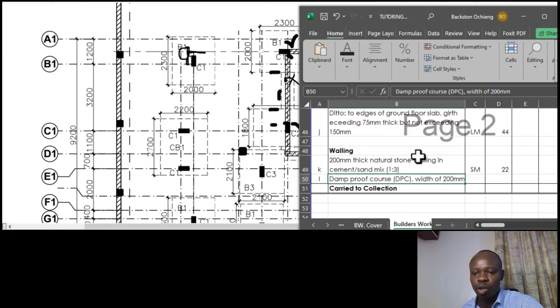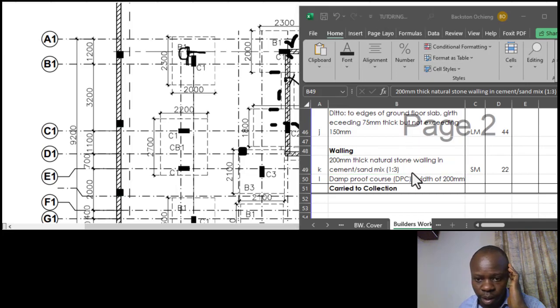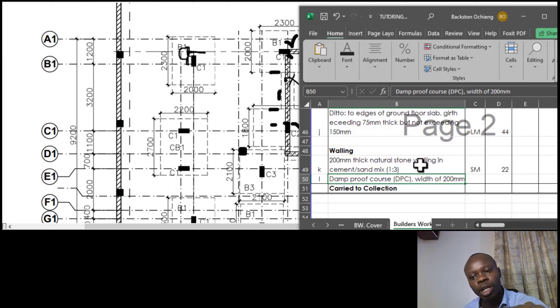So normally the DPC is laid on top of the foundation walls to prevent the damp rising above it.